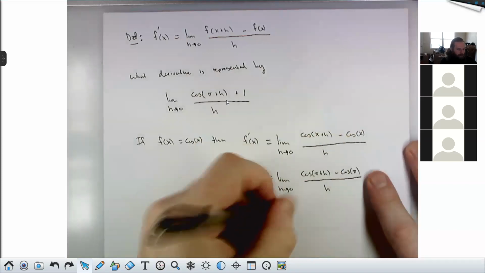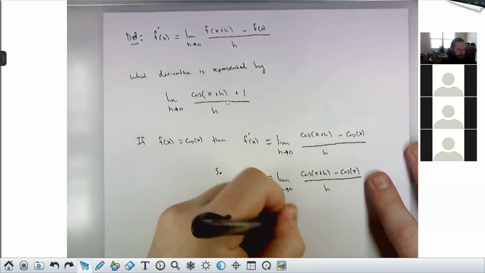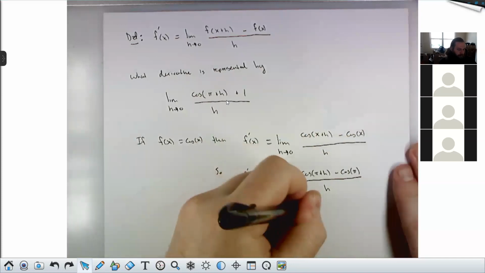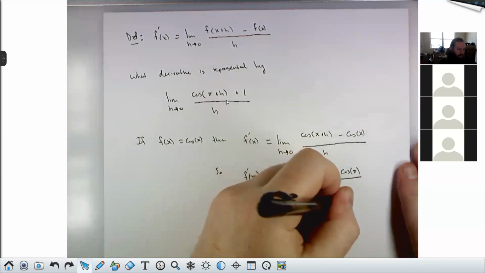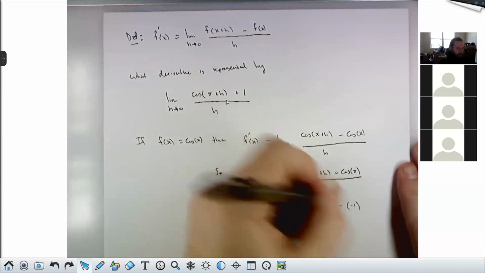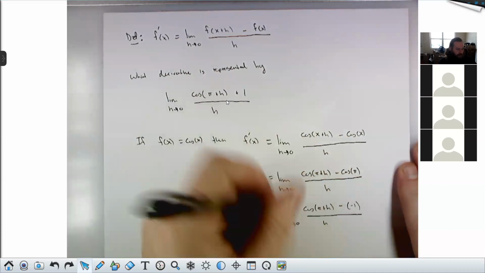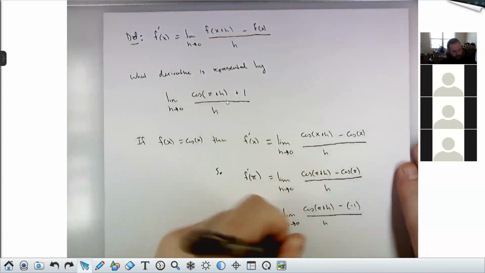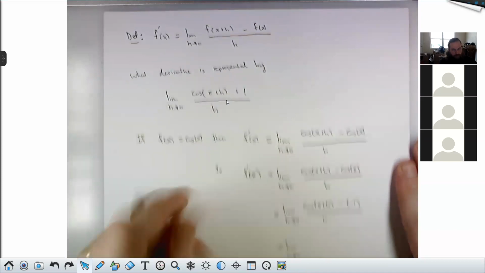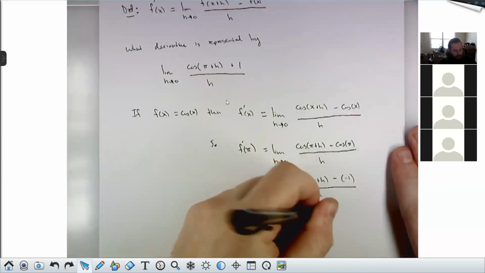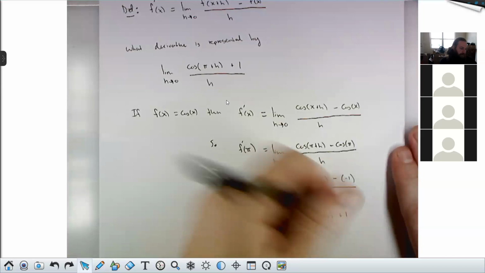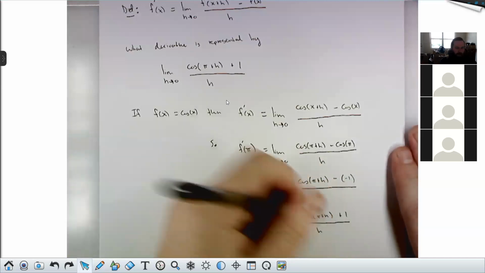And the cosine of pi is -1, so this is the limit as h goes to 0 of cos of pi plus h minus -1 over h, which is the limit as h goes to 0 of cos of pi plus h plus 1 all over h.